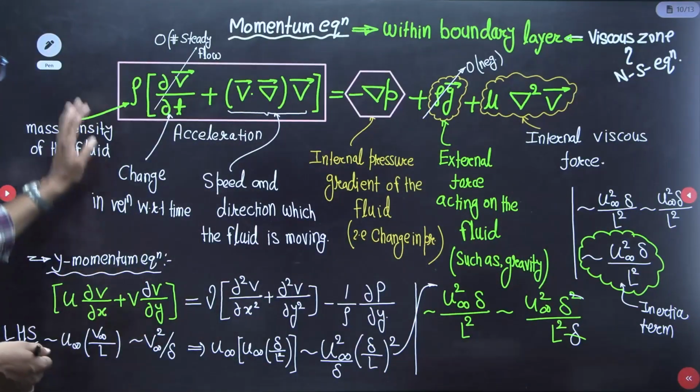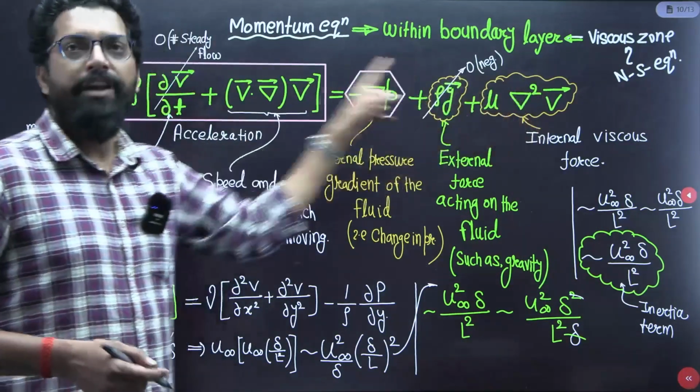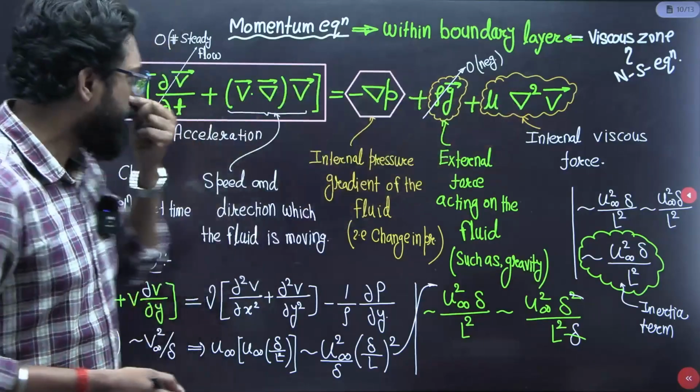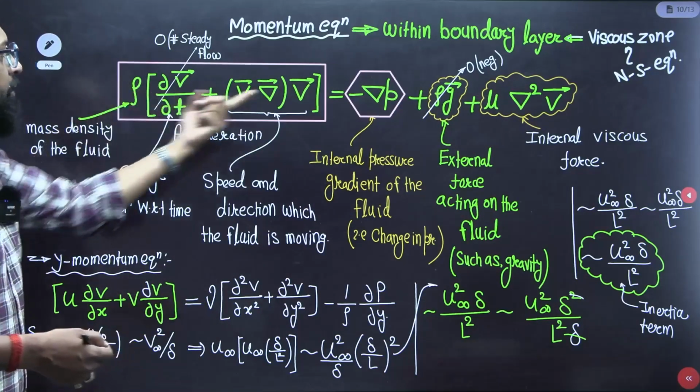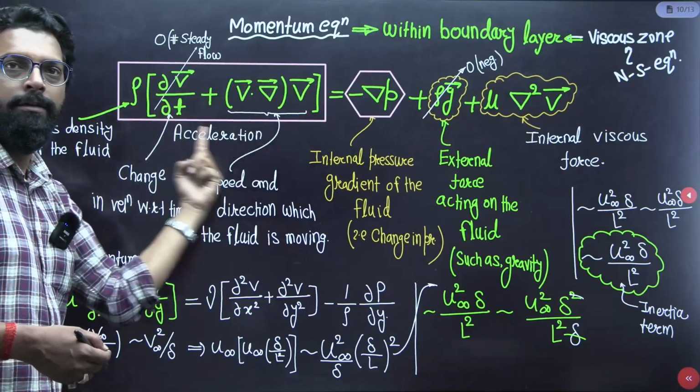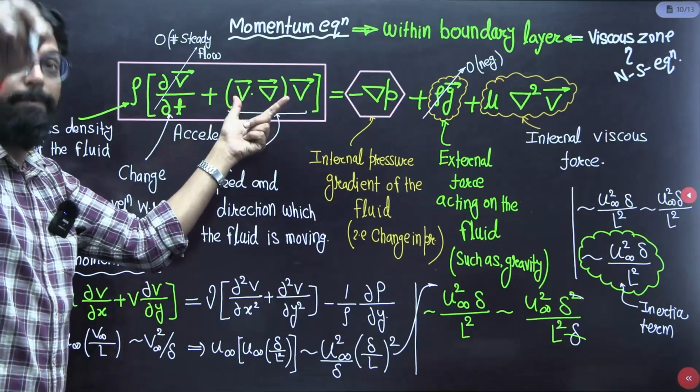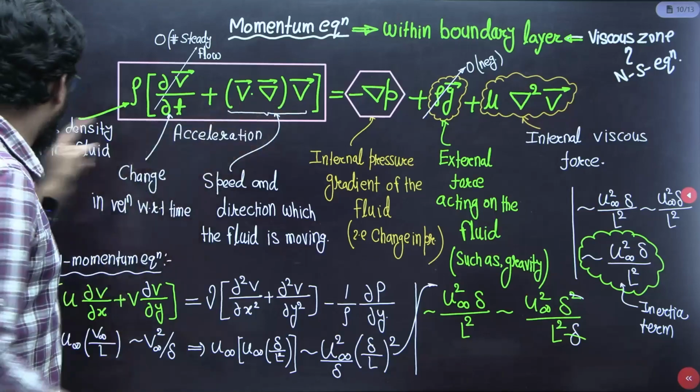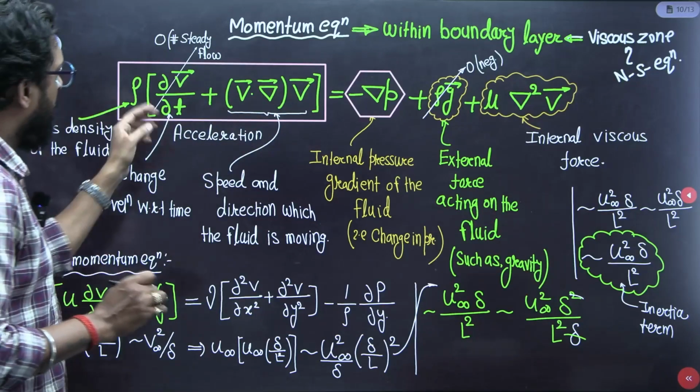These are the equations in very compact form. This is density into acceleration, which is force per unit volume. This is the density of the fluid, and this is the acceleration.